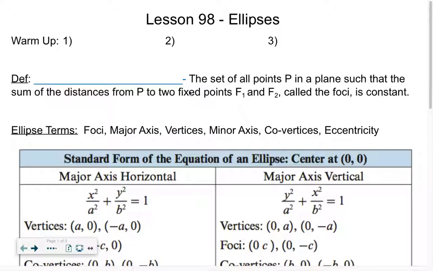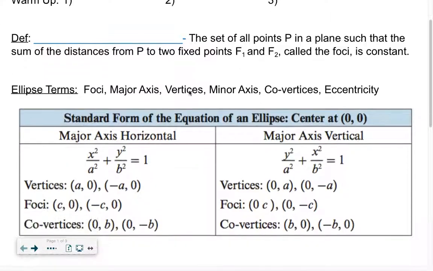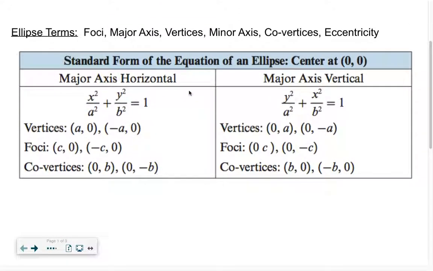But here are some of the terms that we're going to be focusing on today that go with the ellipse. First one is the foci. That's how you say that. And basically, it's the foci that generate the ellipse. When we graph it, we're going to be graphing two vertices and two co-vertices as well as the center. Kind of like with what we did with the circle, right?